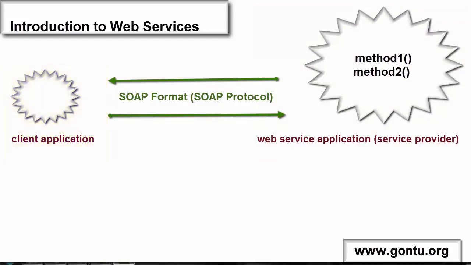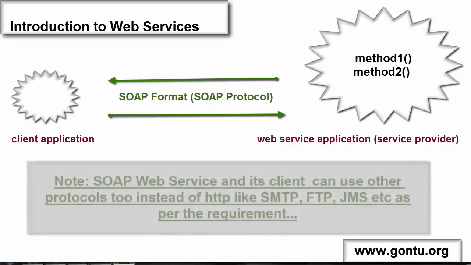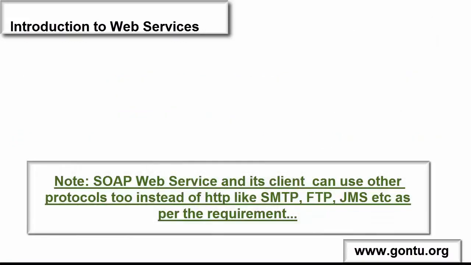Let me tell you one more important point before I wind up this tutorial. A SOAP-based web service application and its client most commonly use HTTP as the protocol while sending messages to each other over a network. In the next tutorial, we're going to talk about REST web service concepts in detail.